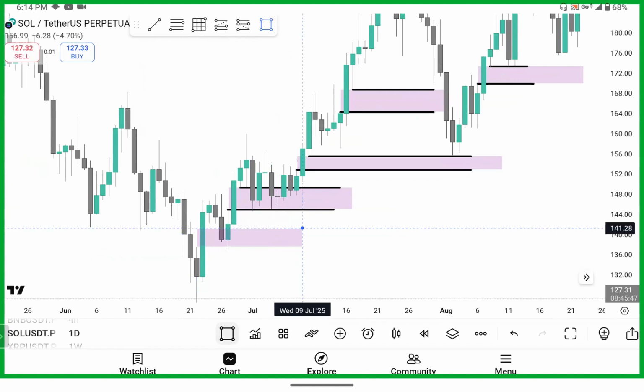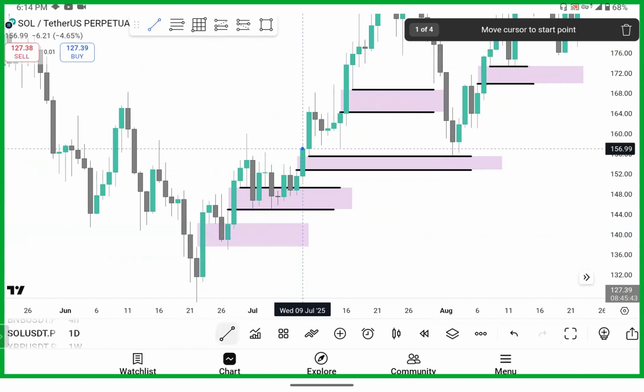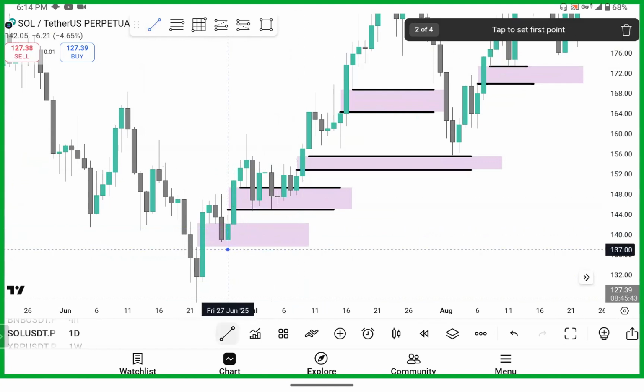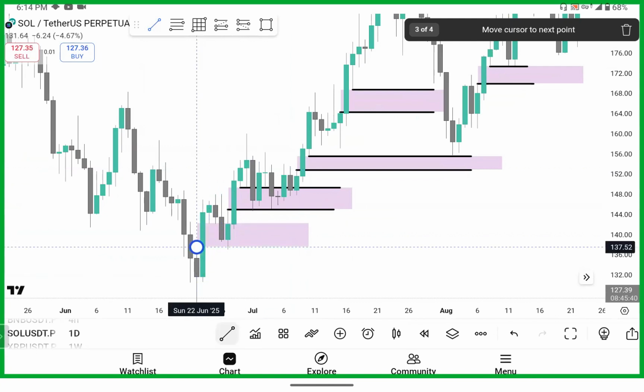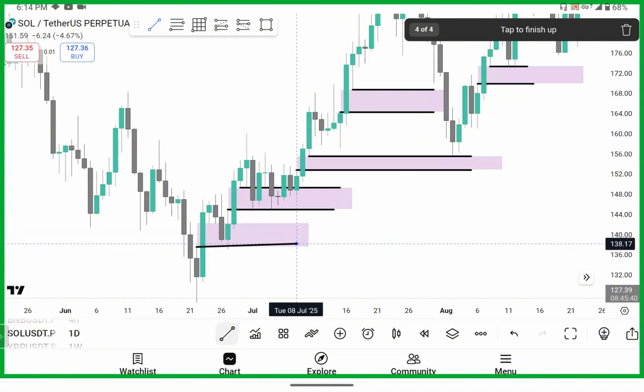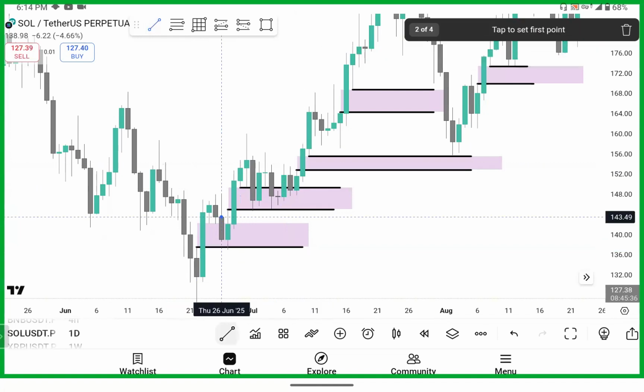Then again it taps on this fair value gap and bounces, taps in this fair value gap, bounces. It was nearly tapping into this one, but it picked this low, so it did not need to tap into this fair value gap. I think it made a FMT. Then it continued. That's how price always reacts in this fair value gap.